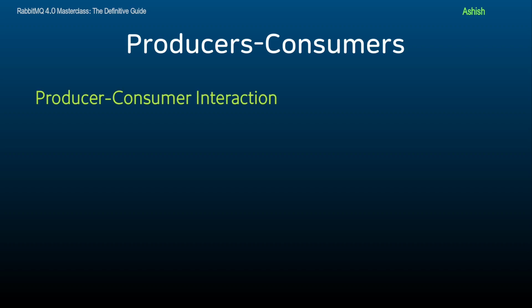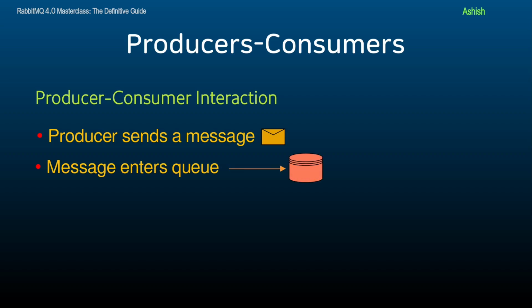The interaction between producers and consumers in RabbitMQ follows this basic flow. The producer publishes a message to an exchange in RabbitMQ. This message is routed to a queue based on the exchange type and routing key. Next, the message is stored in a queue where it waits for a consumer to process it.